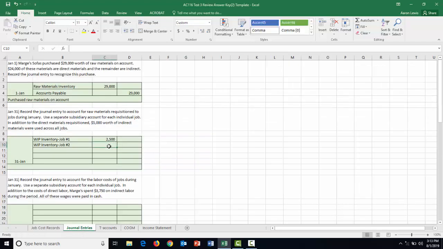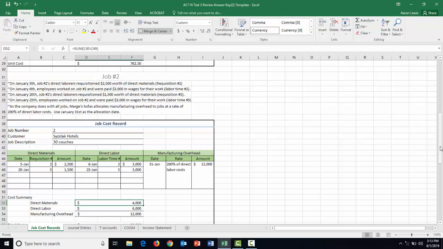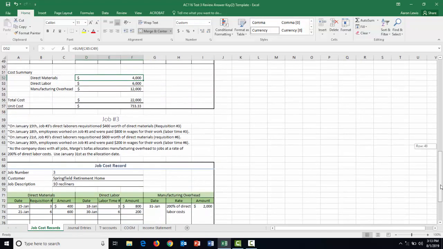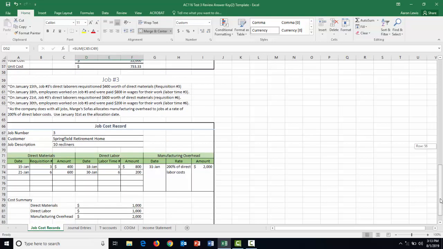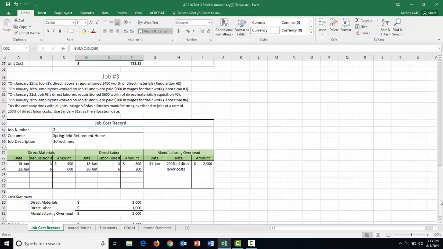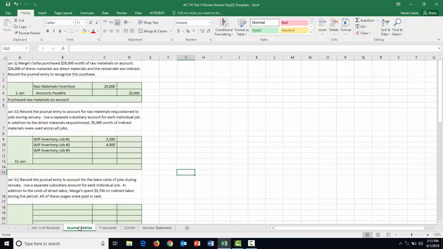And then we have WIP inventory for job number 3. Back to our job cost records, we go to job number 3, our recliners for Springfield Retirement Home, and we see the amount of direct materials used in job number 3, in the cost summary, was $1,000. So we go back to our journal entry and we fill in that $1,000.